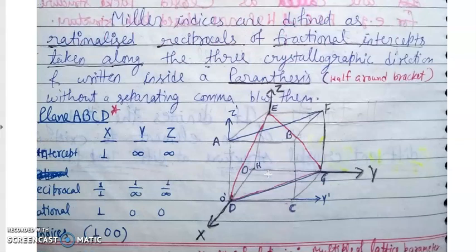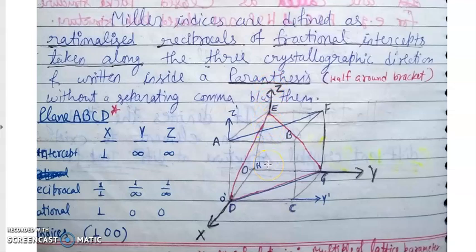Okay, let's take one cube now and select one plane, which is plane ABCD. Just try to figure it out here. This is the front plane A, B, C and D, and these are your x, y and z directions. Y is passing from the center of this, X is passing from D, and Z is also passing from the center of this plane.